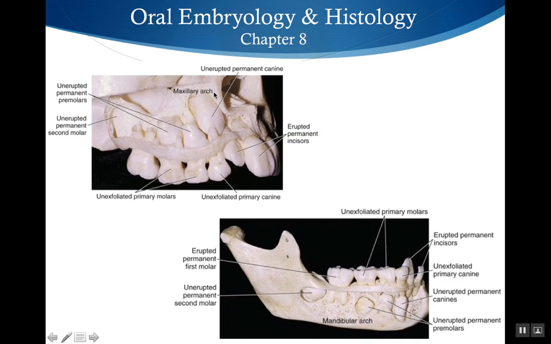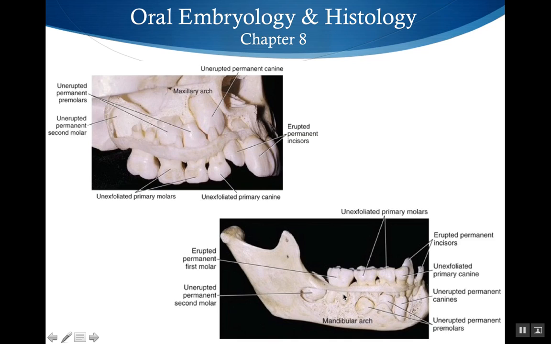Again, here's a cool picture of a skeleton which shows the unexfoliated primary molars, which you can see here, and you can see those unerupted permanent premolars that are forming.